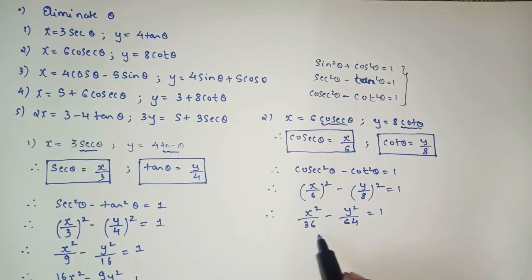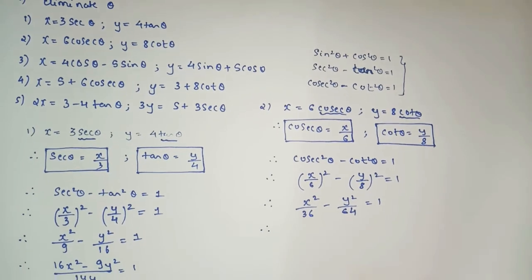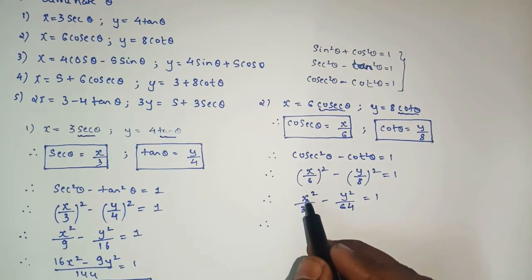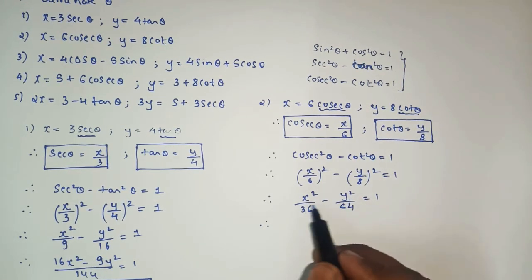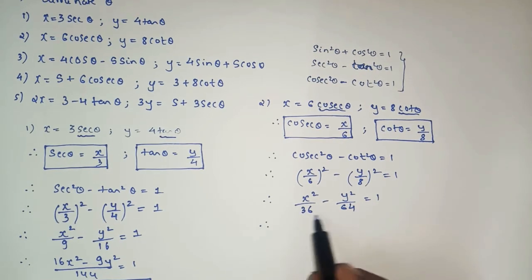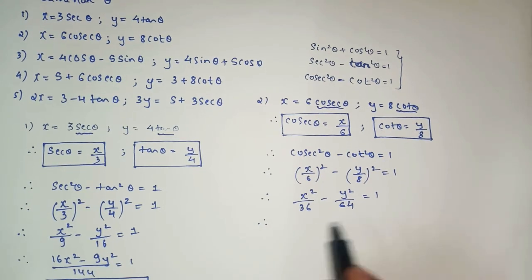In the next step, you can stop your answer here itself, or else cross multiply, where you will get 64x square minus 36y square upon 36 into 64 equals 1, or else try to make the denominator the same by using the LCM factor.